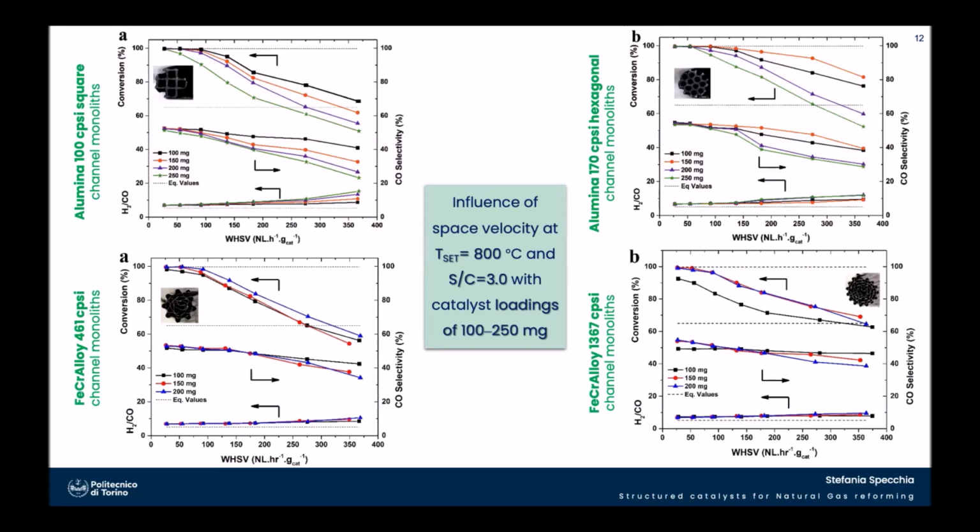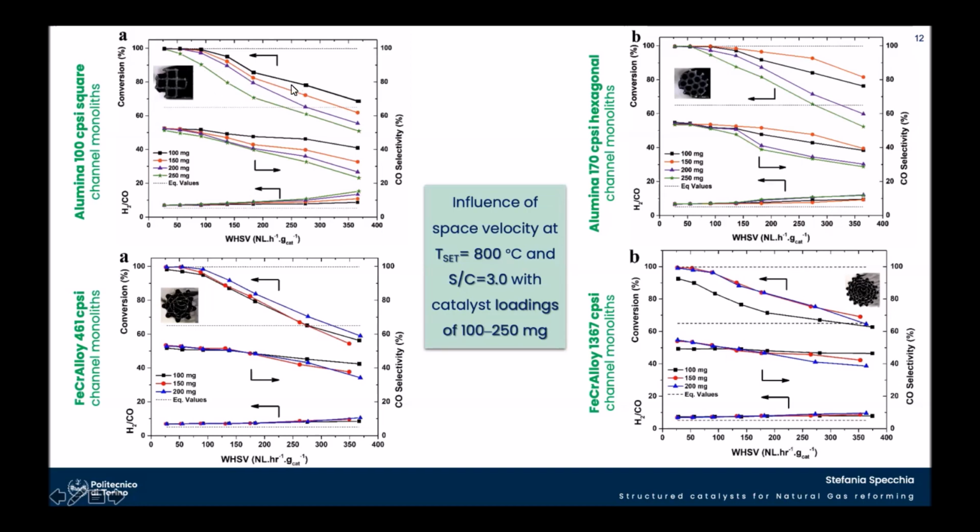It means that by keeping constant the overall amount of catalyst, we were varying the thickness of the catalyst over the walls of the monoliths. And as you can see here, we monitor the conversion of methane, and you can see here that by increasing the weight hourly space velocity.